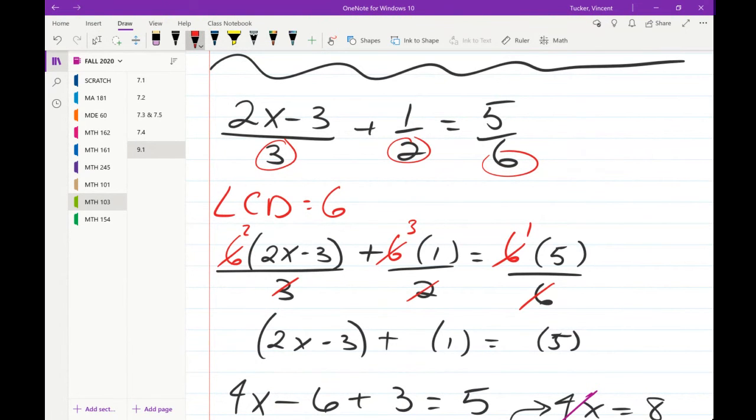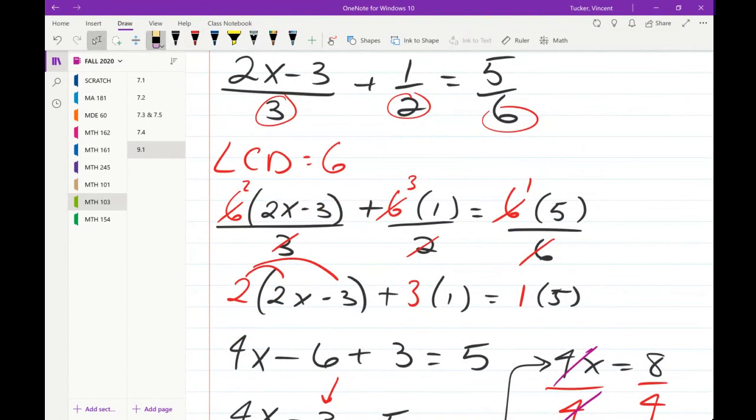So before I distribute it, I just wrote this to make sure we were okay with what was left. So we have 2 times 2x minus 3, 3 times 1, and then there's 1 times 5. We want to distribute that too.